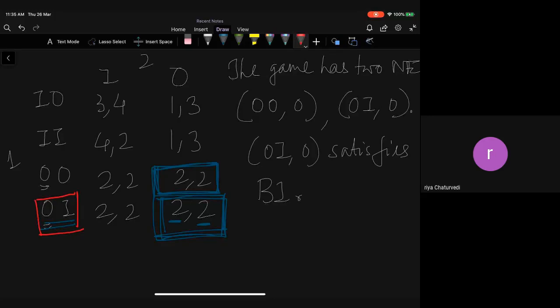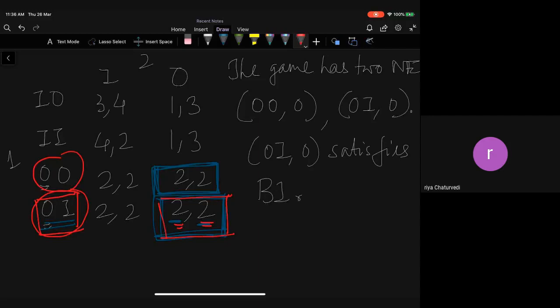So O is a best response, right? If 2 chooses O, then both OO and OI give player 1 the highest payoff. So OI is a best response given player 2 is choosing O. So you have a case of mutual best response: when 1 chooses OI, 2's best response is O, and if 2 chooses O, one of the best responses is OI. That ensures that this is a Nash equilibrium.